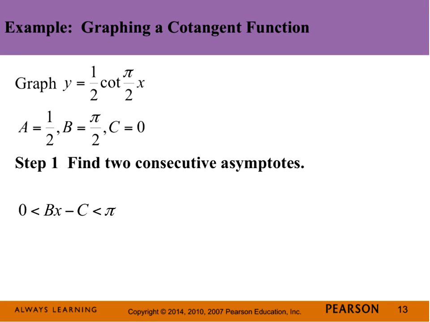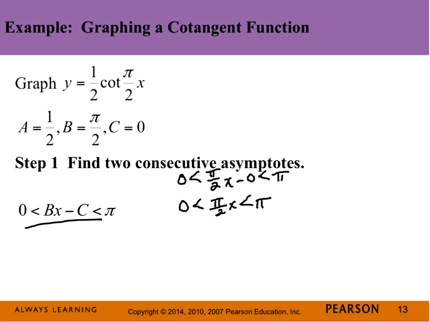Okay, so the first thing we want to do is find our two consecutive asymptotes. So we have 0 is less than, here's the expression that I'm following. In this case, our b is pi over 2, x minus 0 for our c, and that is less than pi. So that's 0 less than pi over 2 x less than pi.